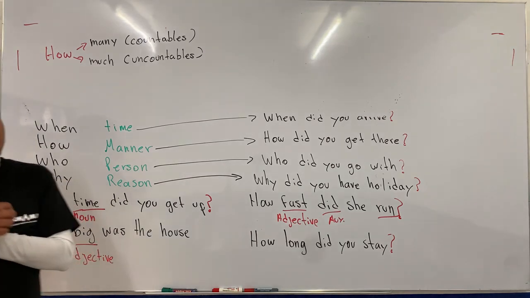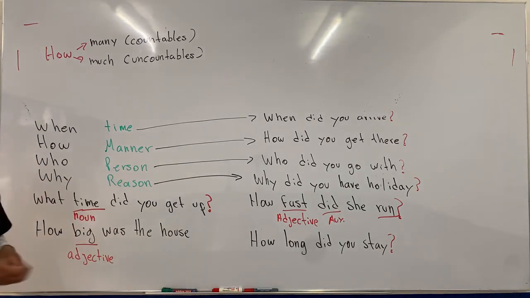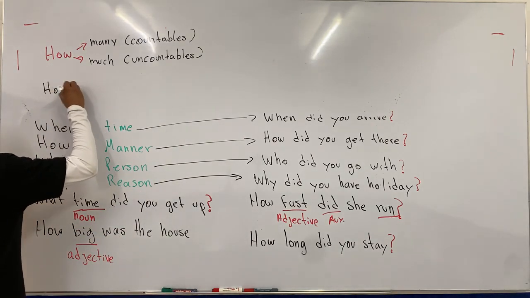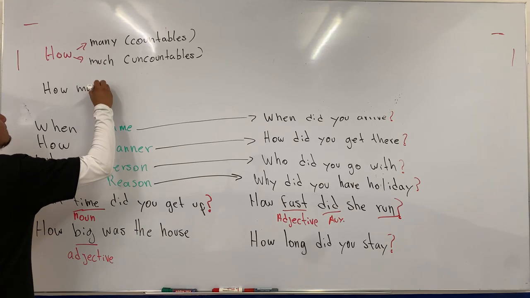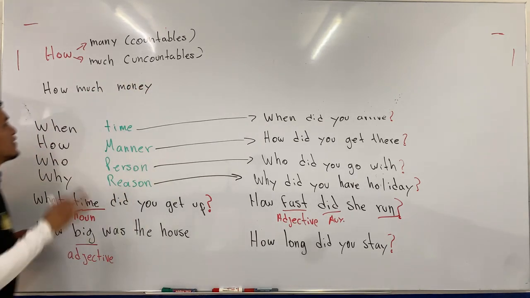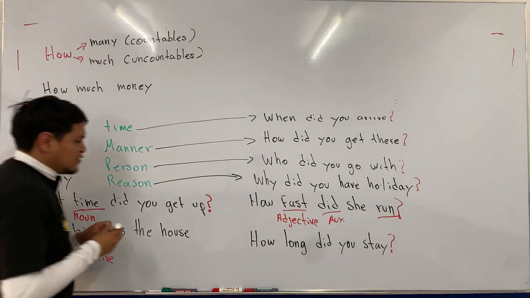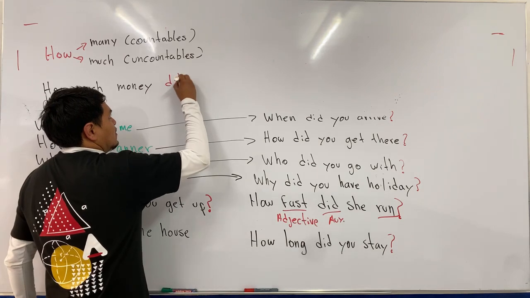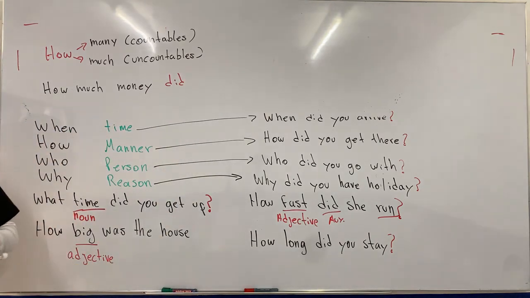Now, for example, with this in the past, check this. How much money did you spend? Repeat. How much money? Now, the auxiliary in past, how much money did you spend?